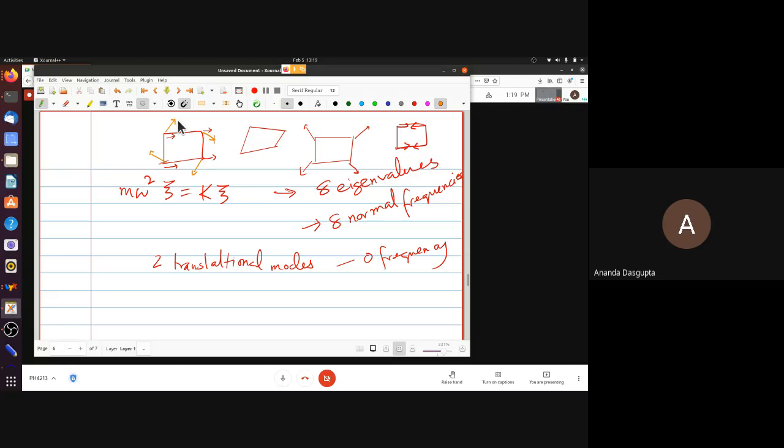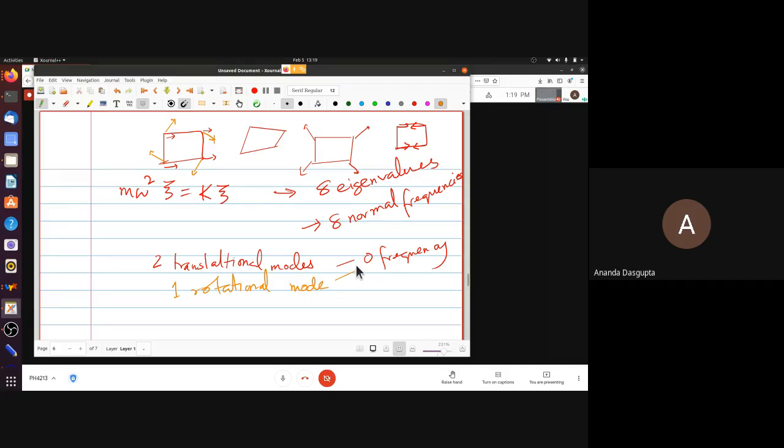But does not get distorted. As a result, there is no restoring force again. Okay? So there are two translational modes which have zero frequency, and in this case, one rotational mode. So three zero frequency modes.